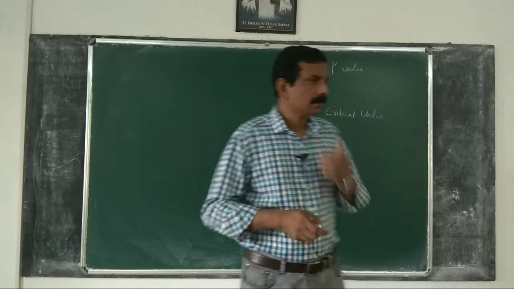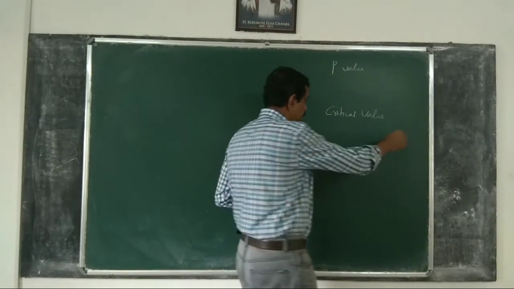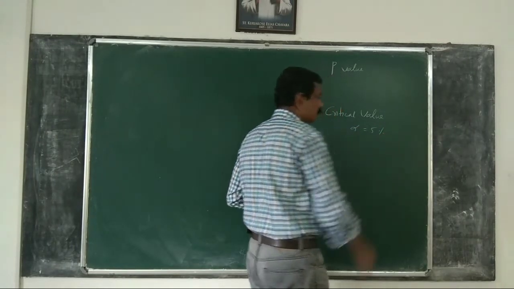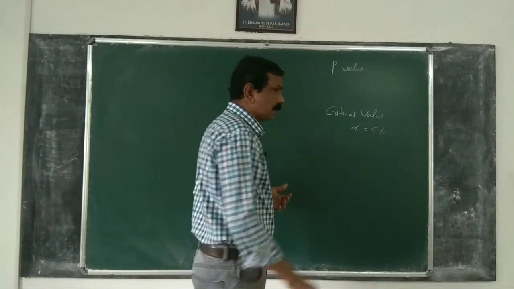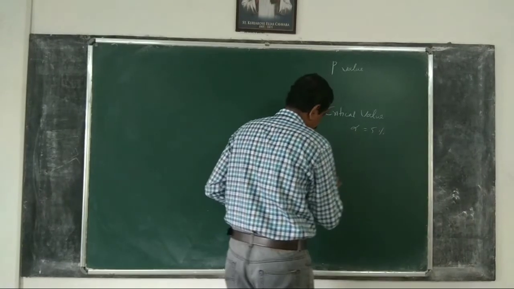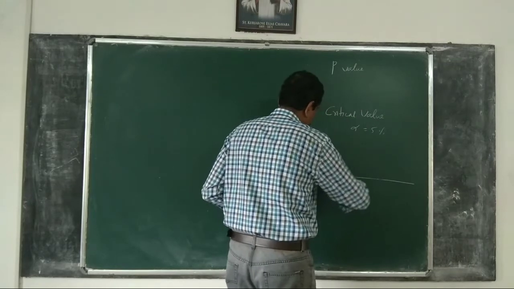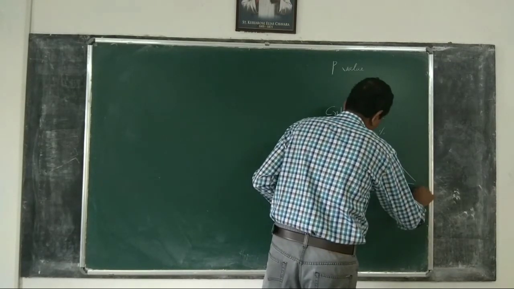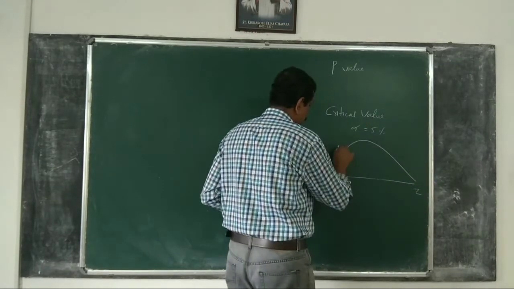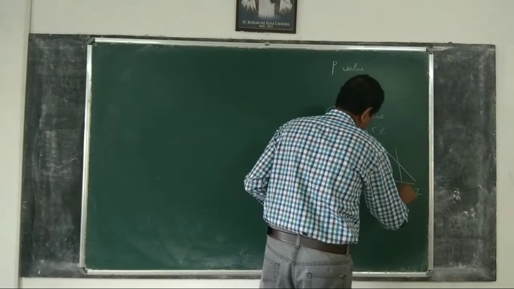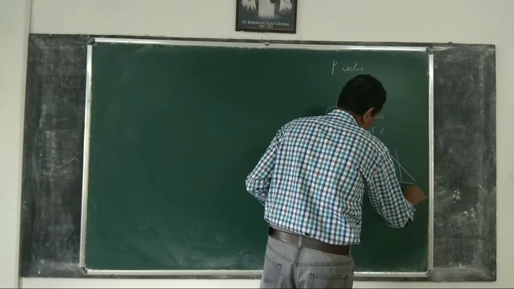Remember this. If the level of significance alpha is 5%, from the table you will get the critical Z values as minus 1.96 and plus 1.96.